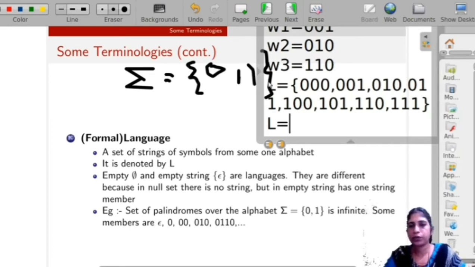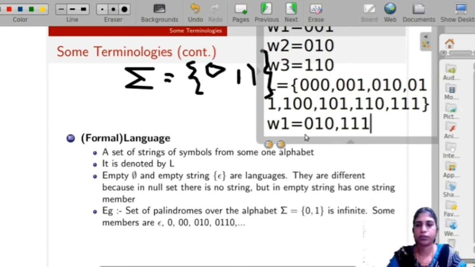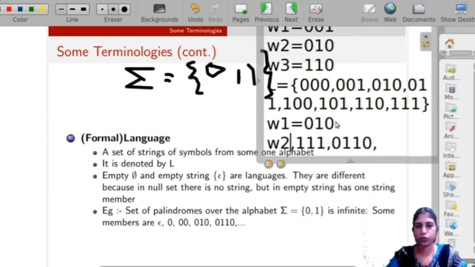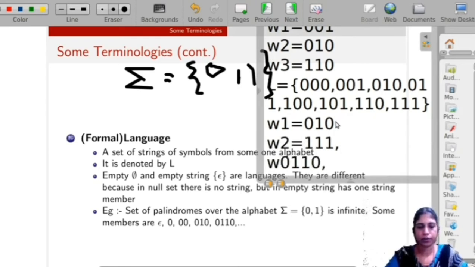So construct palindromes using the alphabet sigma equal to {0, 1}. First we have to construct the palindrome strings using the alphabet 0, 1. For example, W1 is equal to 010. 010 is a palindrome because when you read it back, it is also 010. Next is 111, then 0110. These are some, this is W2 and here it is W3.